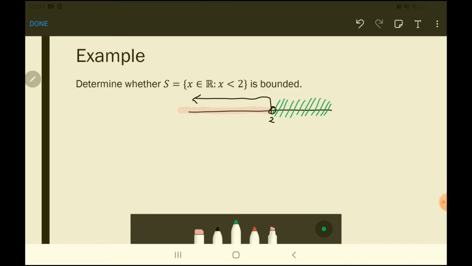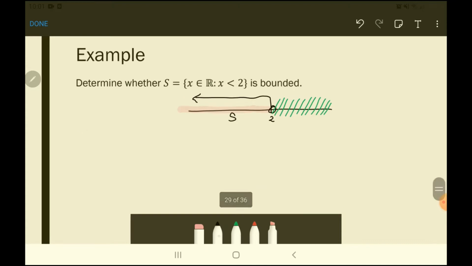Because no matter what real number you take from this green part, that number will always be greater than the elements of S. So let me write.